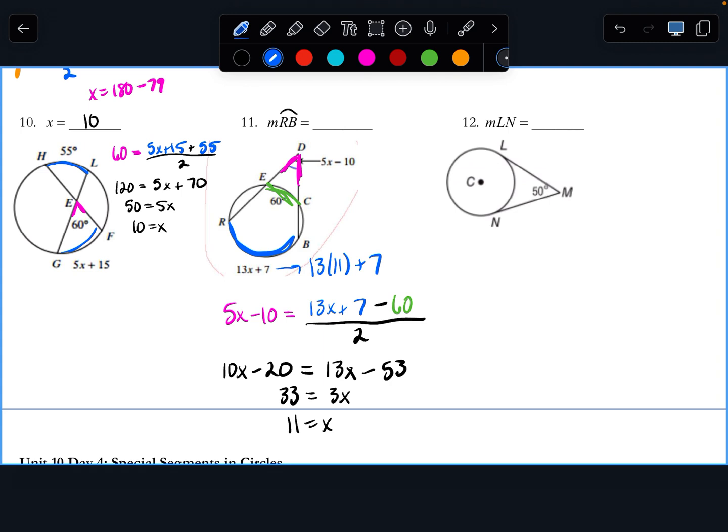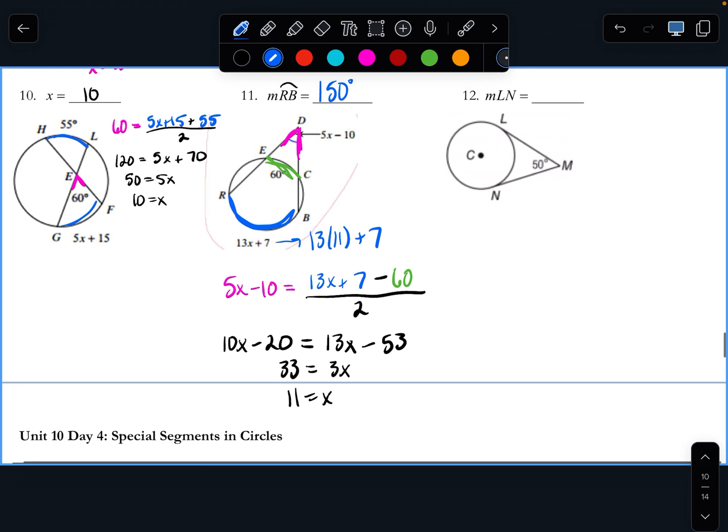So what is 130? So 143, right? 143, 150. Is that right? That seems too small. Is that right? 150? 130, yeah, 143 plus 7, 150. Okay.